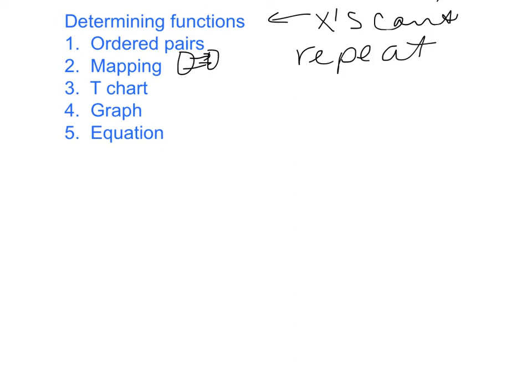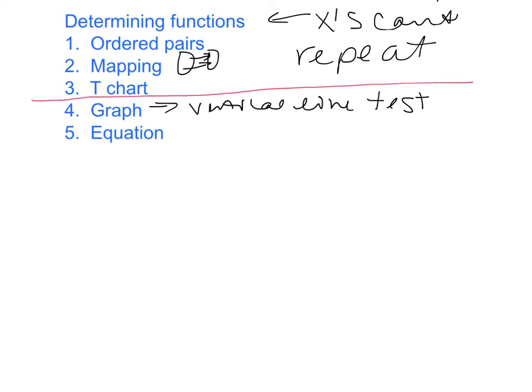Looking at a graph, you do your vertical line test. And also a graph, so up to this point, the top three, then you use set notation for your domain and your range. You do the squiggly brackets and you just list what it is you have.